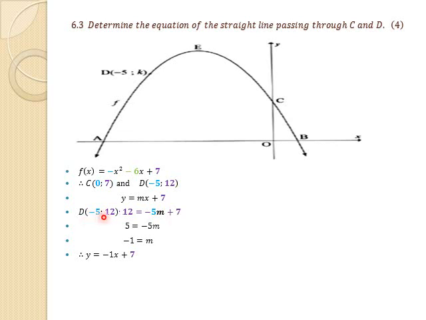If I substitute T (-5, 12) in, this states that y is 12 when x is negative 5. So 12 minus 7 gives me 5. Negative 5m equals 5. 5 divided by negative 5 gives me negative 1. So m equals negative 1. Therefore y equals negative 1x plus 7. So that's the equation of my straight line.